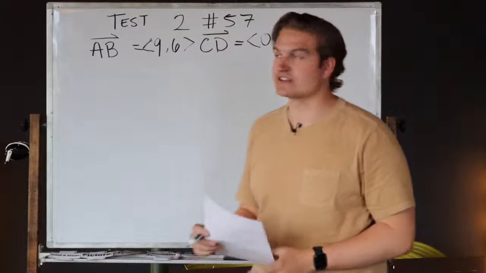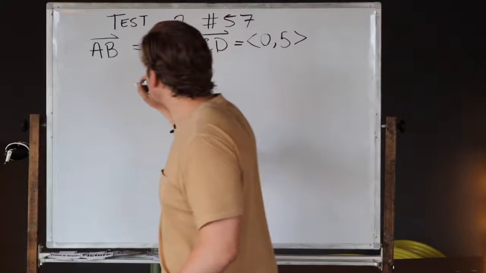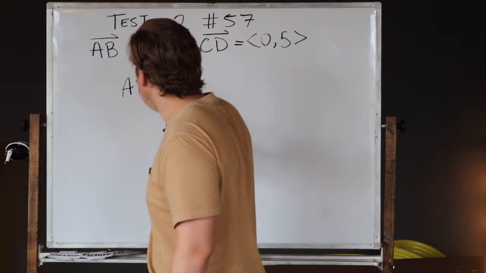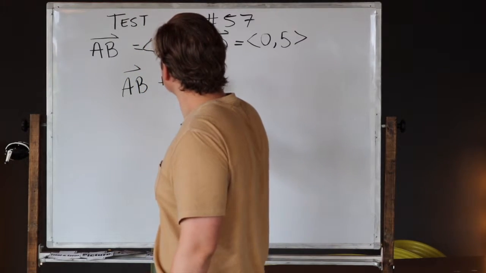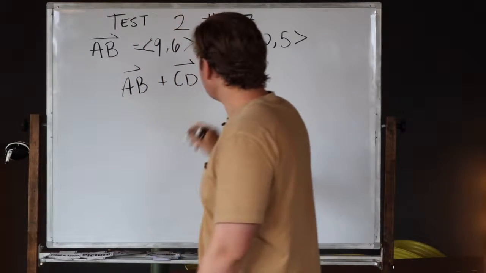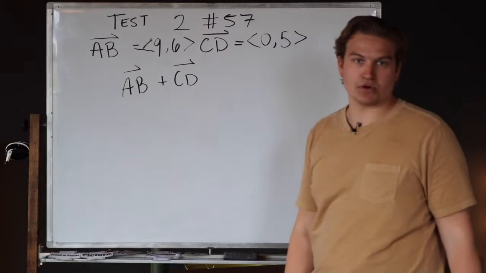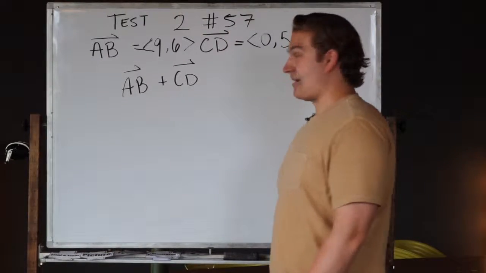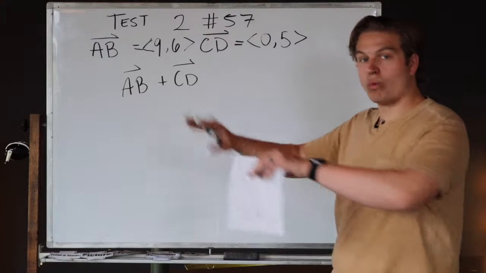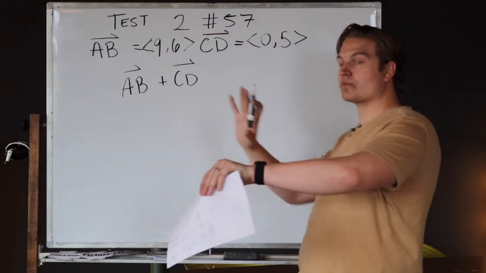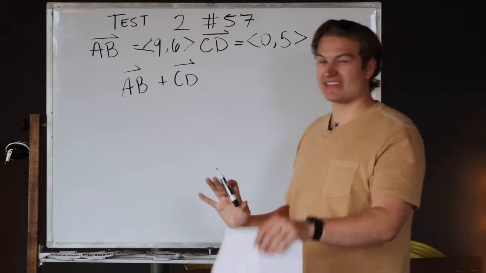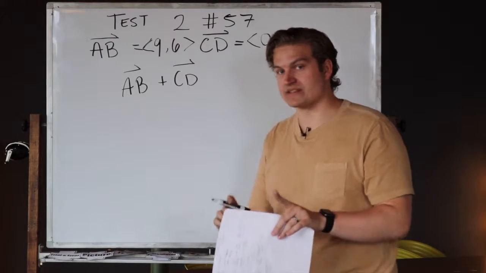Now these are our two vectors, and it wants us to say something about AB plus CD. I'm going to do it one way, and then at the final step, we're going to work backwards for a second. I think this is the easiest way to think about this.